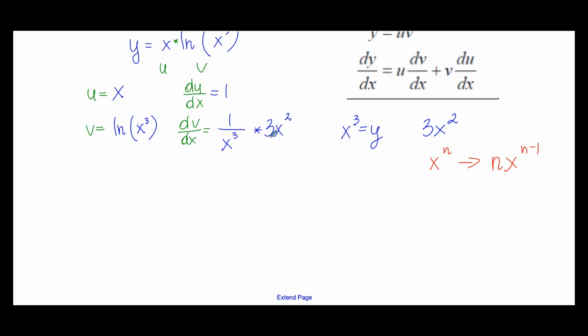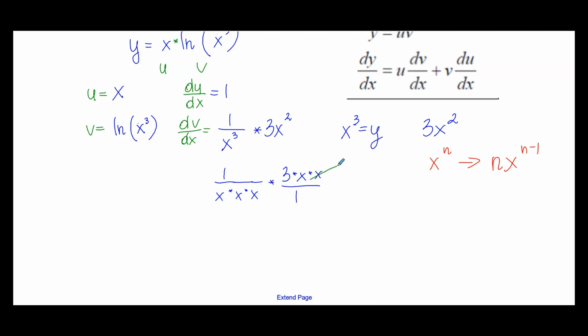Now, we can simplify that a little bit further. Let me write it out so that you can see it. x to the power of 3 is x multiplied by x, isn't it? And then I have 3 multiplied by x, and everything over 1, because every number can be written as a fraction over 1.